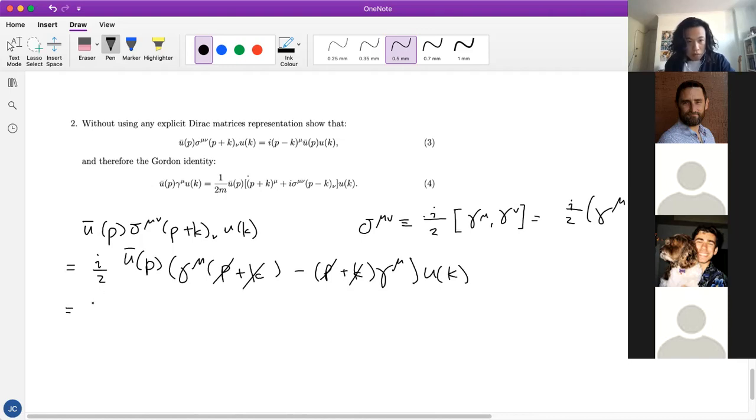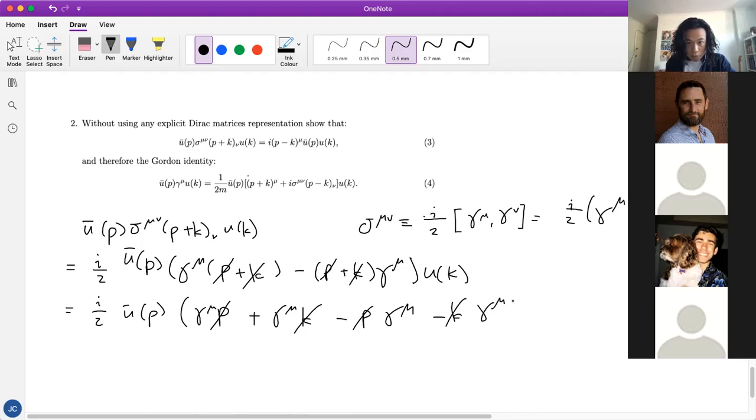And then just one more intermediate step to make it a little easier to see, we're going to expand out the middle part. So we're going to get gamma mu P slash plus gamma mu K slash minus P slash gamma mu minus K slash gamma mu, u of K.